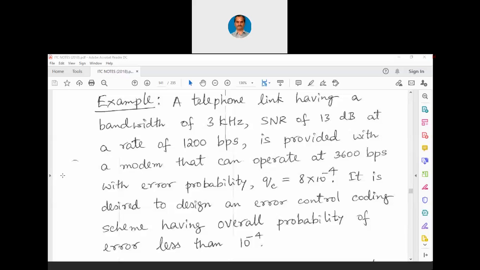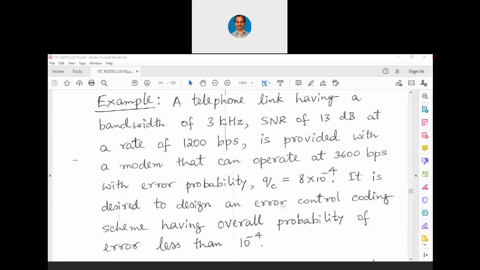So that way here, error probability is given as QC equals 8 into 10 power minus 4. Which simply means that one bit is sent, what is the probability of that particular bit being flipped? That is 8 into 10 power minus 4 for this given system.